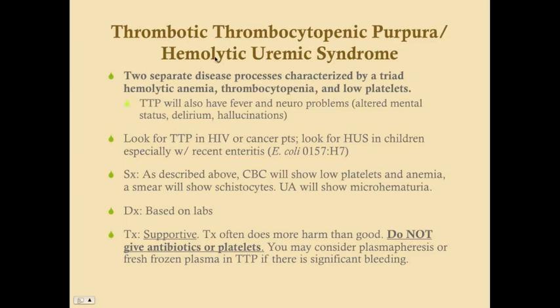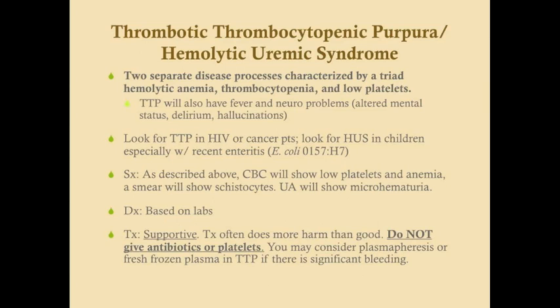Because this is a vascular disease, what you have here are these platelet chunks, and the red cells, as they go by these platelet chunks, get little pieces knocked off, so you see these schistocytes. Your urinalysis will show microhematuria in both of these disease processes. The diagnosis is going to be based on your labs, and the treatment is going to be supportive.